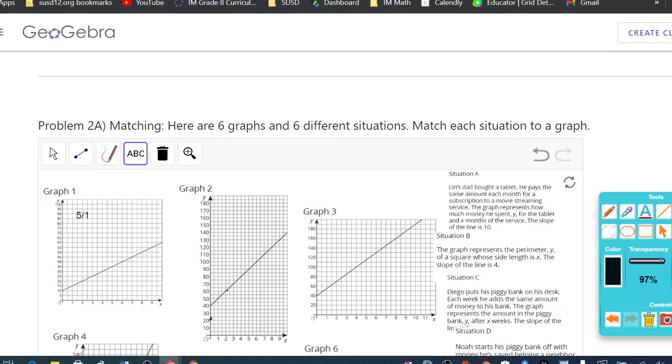This is an easy point to read, right there. So the change in y is from 40 to 60. That's a change of 20 units. And the change in x is from x equals 0 to x equals 2. Okay, the slope of this line is equal to 10 because I reduced the fraction and it's 10.